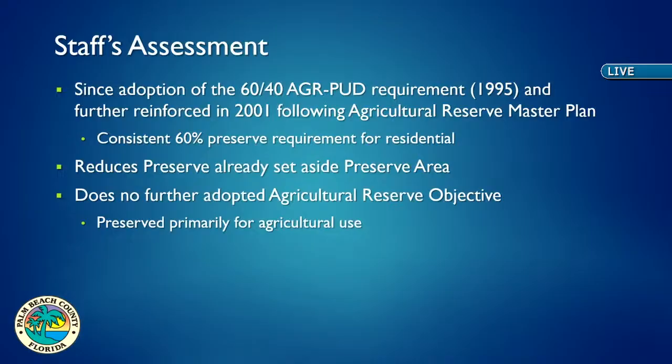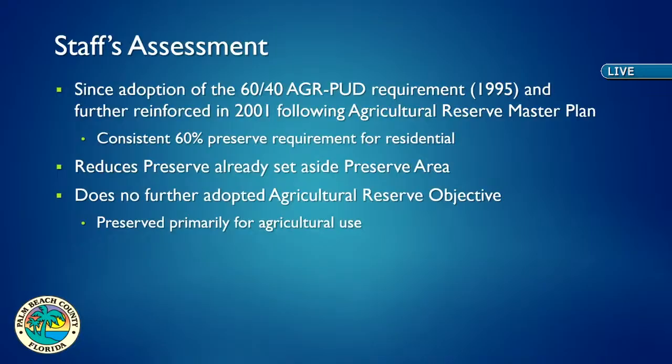So with the proposed amendments, while they represent an opportunity to allow for the Eternal Light Cemetery to expand and provide for some potential increased civic within the development area of an AGR PUD, the proposed amendment represents a significant policy change from what was adopted in 1995 and further reinforced in 2001 following the recommendations of the Agricultural Reserve Master Plan for the 60/40 AGR PUD development option.